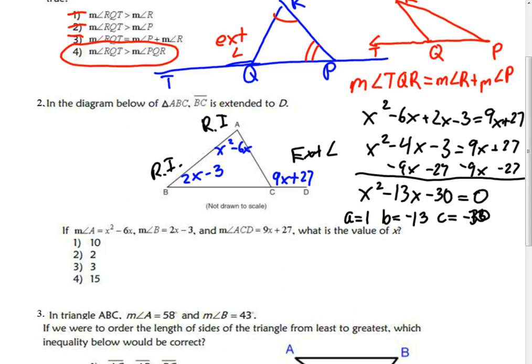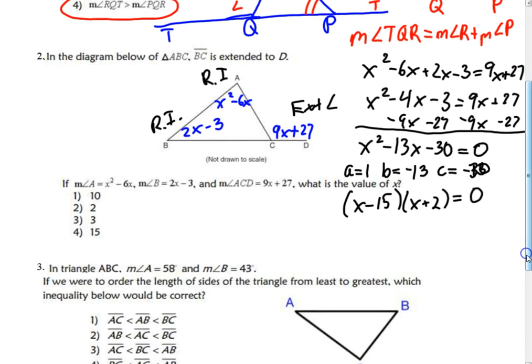All right, if we're factoring it, we're looking for the factors of negative 30 that add together to be negative 13. So that would be x minus 15 and x plus 2. So x minus 15 equals 0, x plus 2 equals 0.